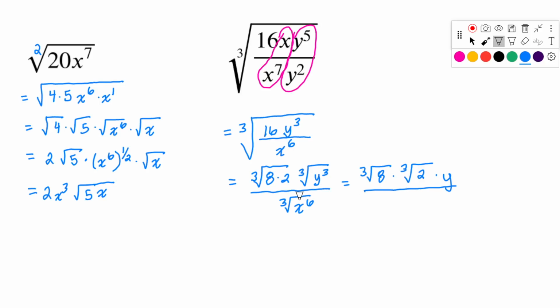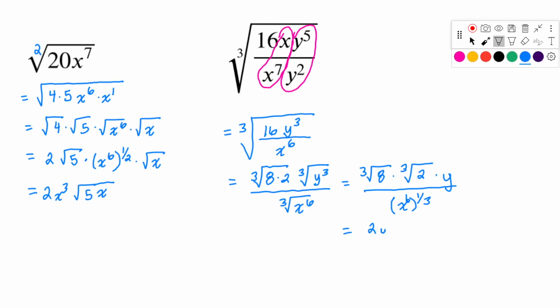And since my index does not match my exponent, I'm going to go ahead and write this using rational exponents. The rational exponent for cubed root, I almost wrote for square root, cubed root is 1/3. So the cubed root of 8 is 2.